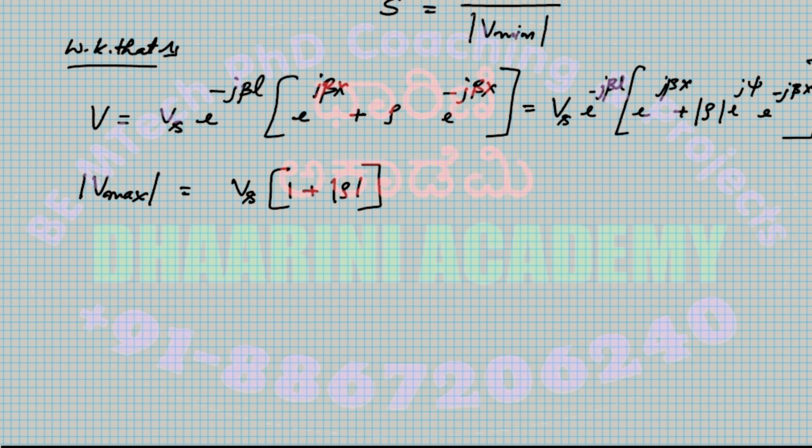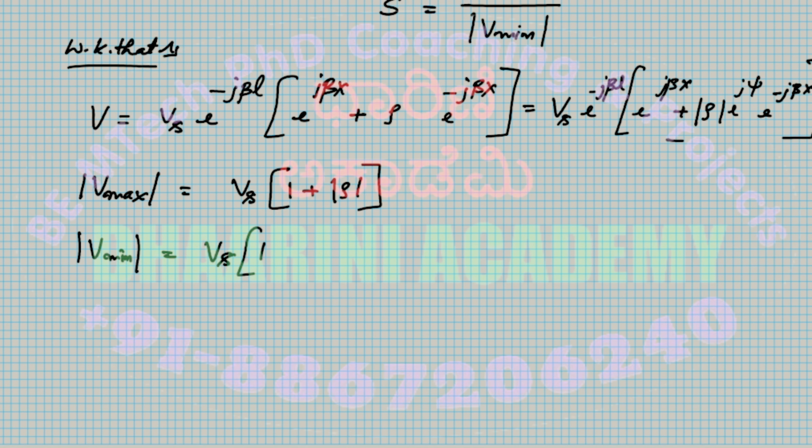Now let's try to write the condition required for the minimum. So V min is equal to Vs only, into the first term, anyway, there is no positive or negative, but for the second term, there is a possibility that it becomes negative, correct? We already have seen that sine or cos, depending upon that, there is a possibility of the term becoming negative.